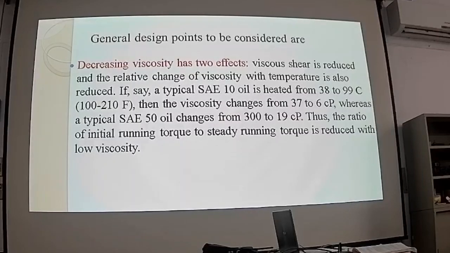Viscous shear will reduce, and also the bearing stiffness will reduce as well.